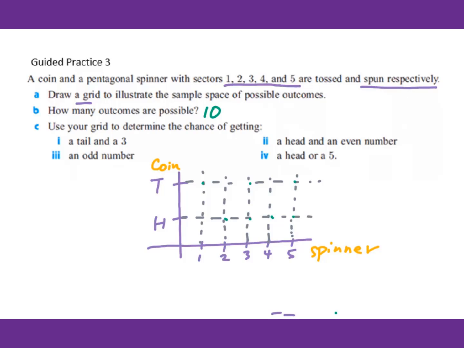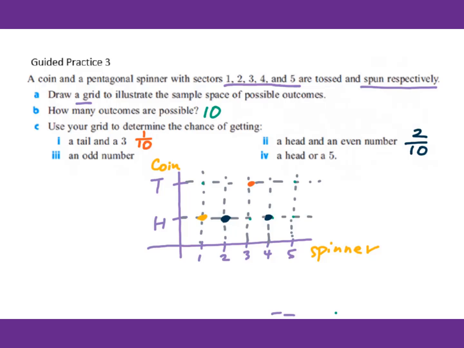For C, use your grid to determine the chance of getting a tail and a 3. This one will be 1/10. Second one, a head and an even number. Head, even number, 1 and 2. So we have 2/10. Number 3, an odd number.